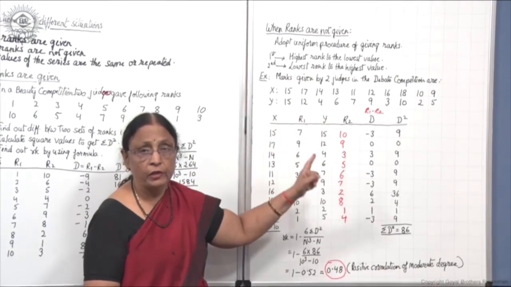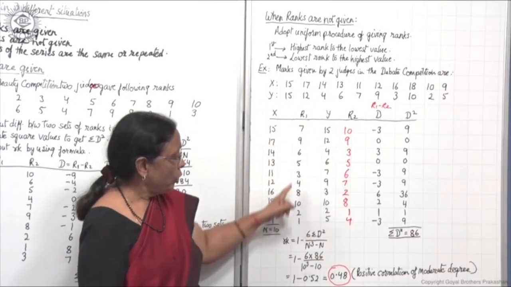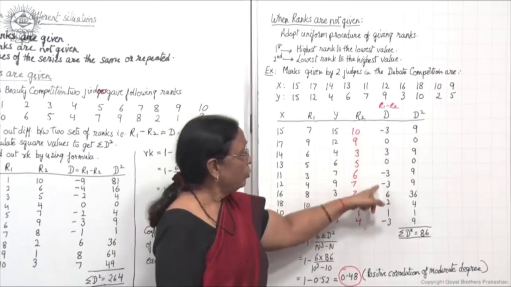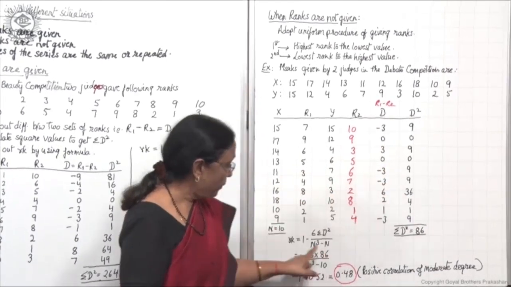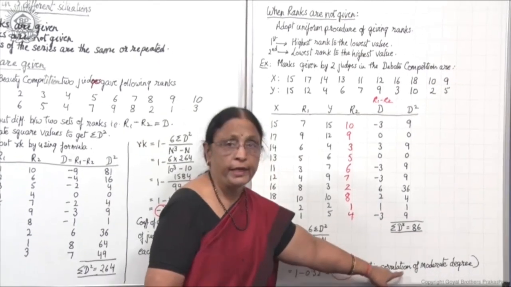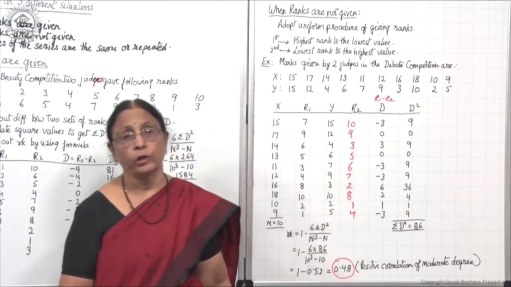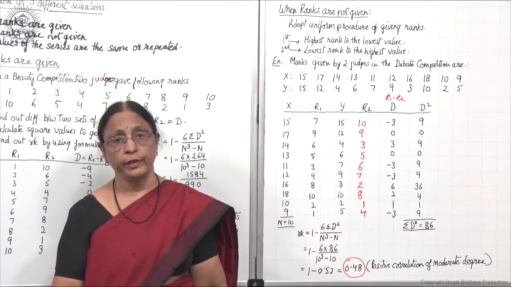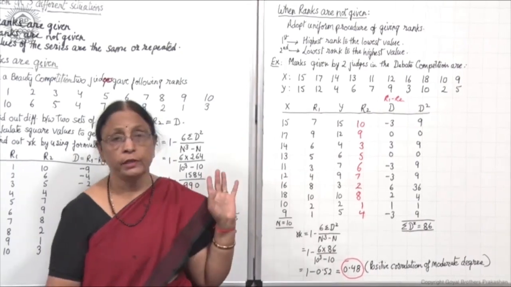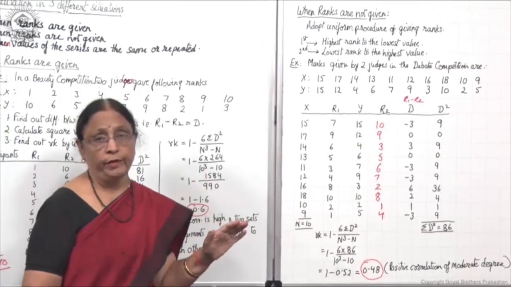When ranks are not given, only marks or scores are given, you will allot the ranks as I did here, find out D and D square, apply the formula and get the answer, and analyze your answer by writing whether it is positive or negative and to what extent or degree, right? So this way we calculate the coefficient of correlation when ranks are not given.